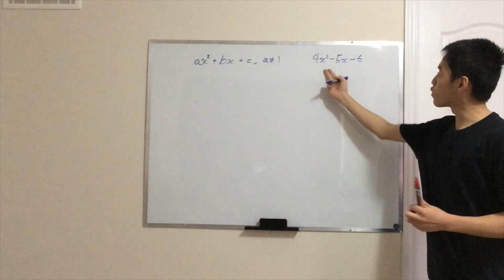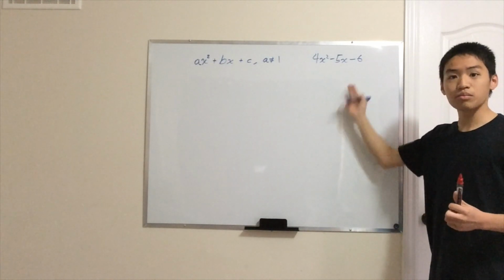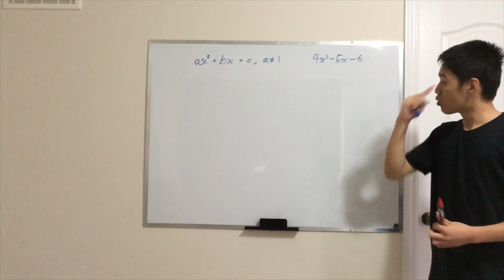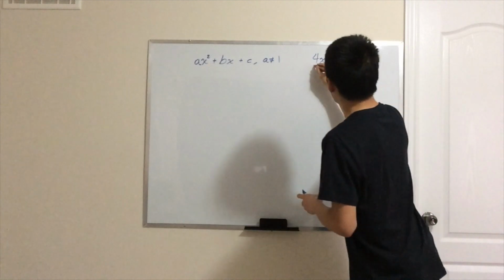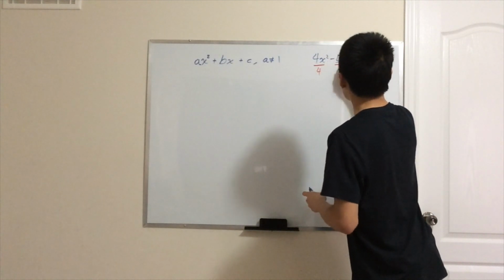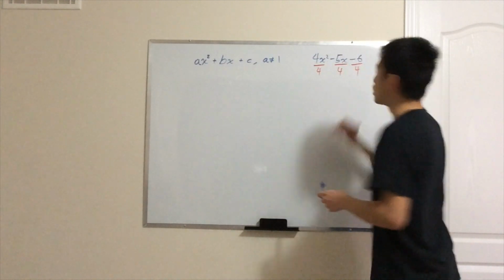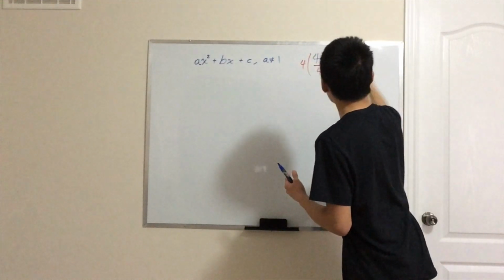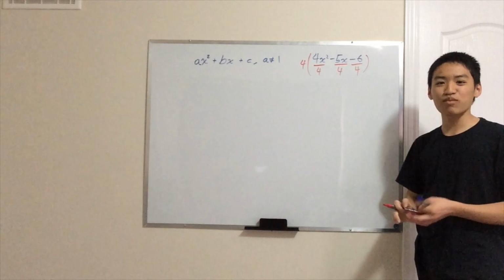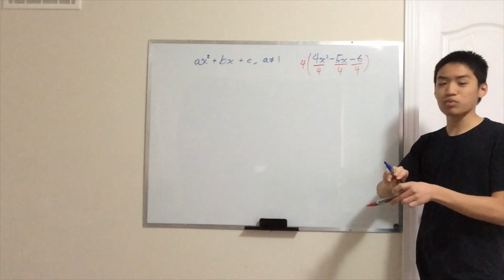Now, consider 4x squared minus 5x minus 6. What I'm going to do is just divide everything by 4. So divide by 4, divide by 4, divide by 4. But that changes the value, so I have to multiply everything by 4 as well. And now I can pretend like nothing happened at all. This is the exact same expression.